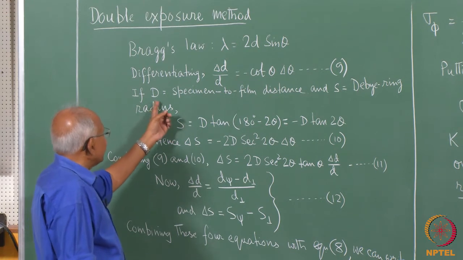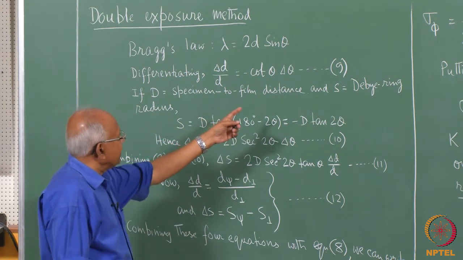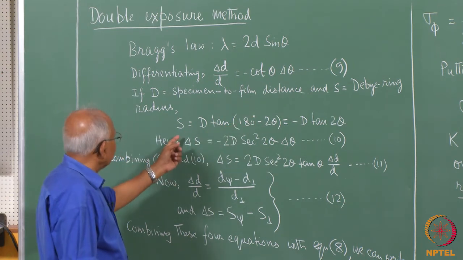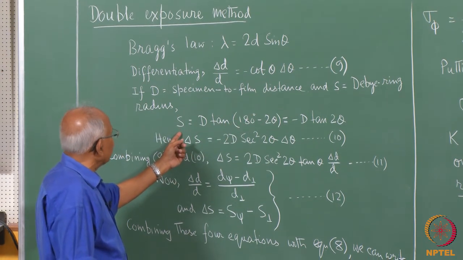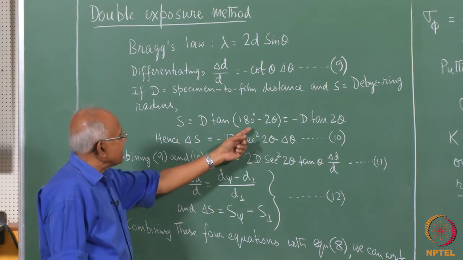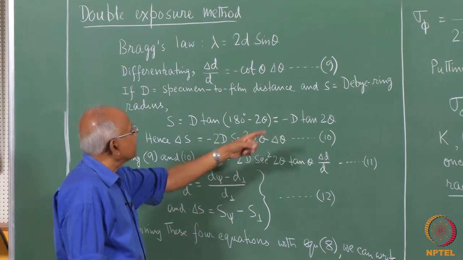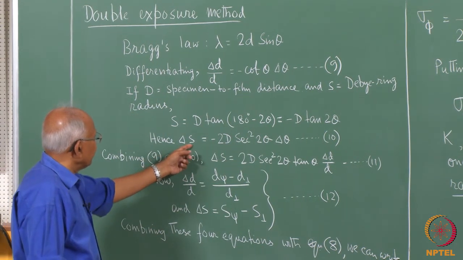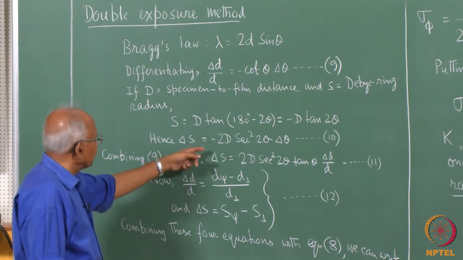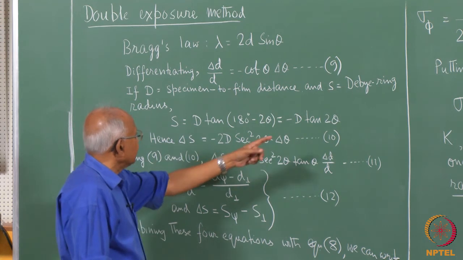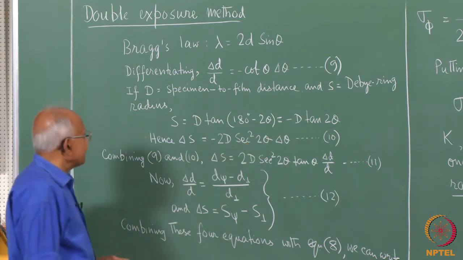Now, if d is the specimen to film distance and s is the Debye ring radius, then for the back reflection pinhole method, s is equal to d tan (180 degrees minus 2 theta), which is equal to minus d tan 2 theta. Hence, delta s will be equal to, by differentiating, minus 2d sec square 2 theta delta theta. This is our equation 10.